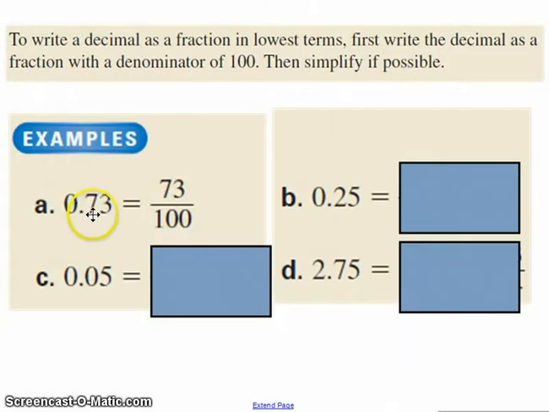So for example, 0.73 is the same thing as 73 out of 100. Can't go any farther, just like a few slides ago I couldn't go any farther with 71 out of 100. I want first for you to put these as fractions and then over 100 and then see if you can simplify further.